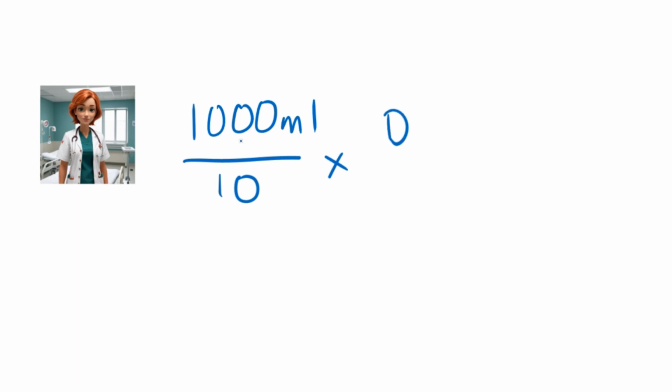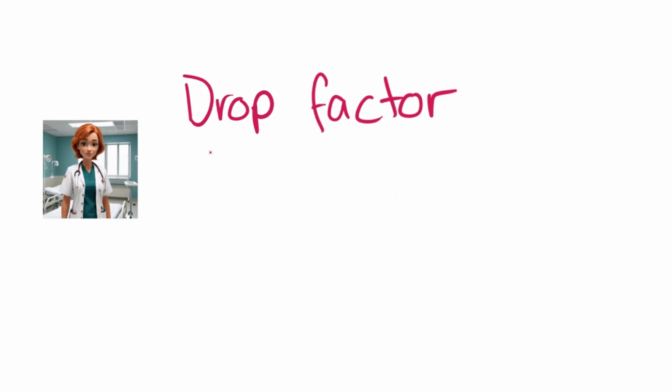So far, what we've got is 1,000 mils over 10 hours times the drop factor over 60. Let's talk about the drop factor. The drop factor comes in two different numbers. It comes in 20 and it can come in 60.